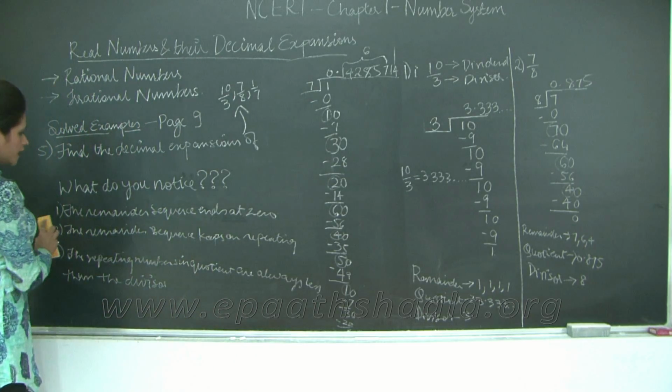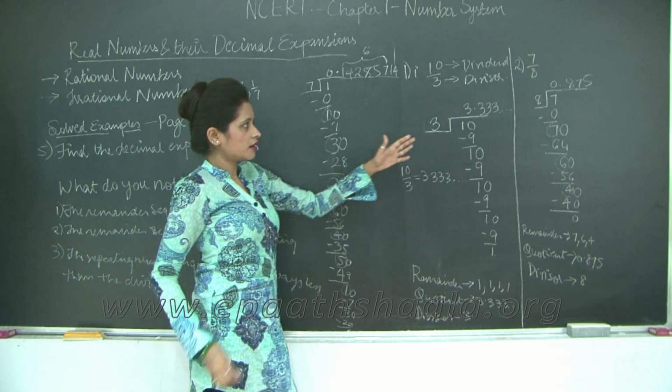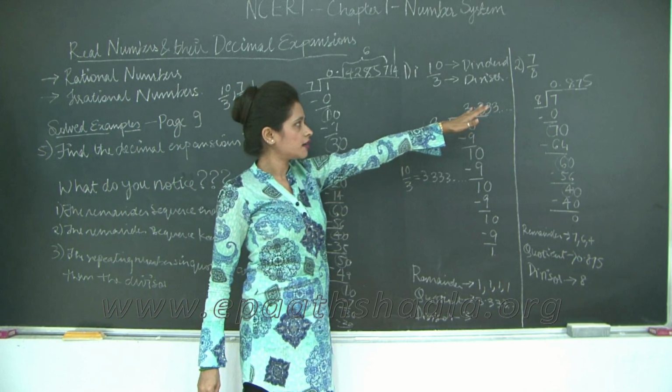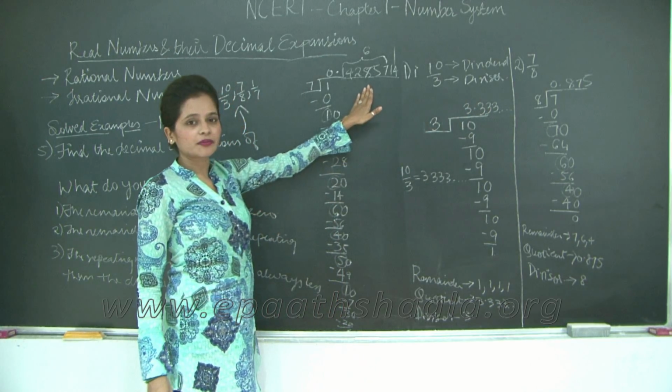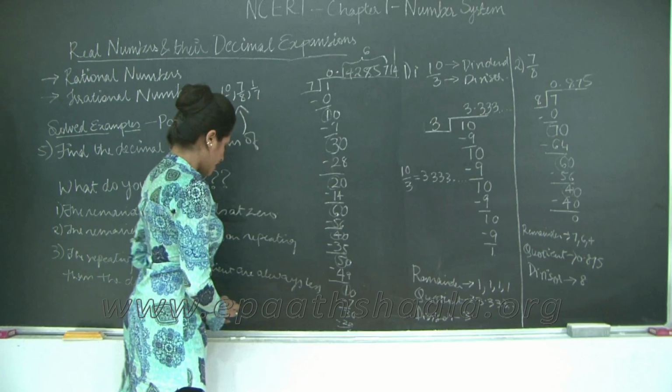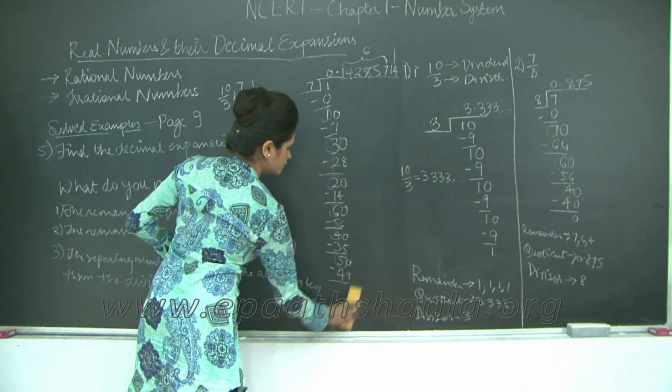So in case of rational numbers, we have either terminating decimal quotient numbers, or we have something that is repeating. So there are terms given to these, right? Let us write them down.